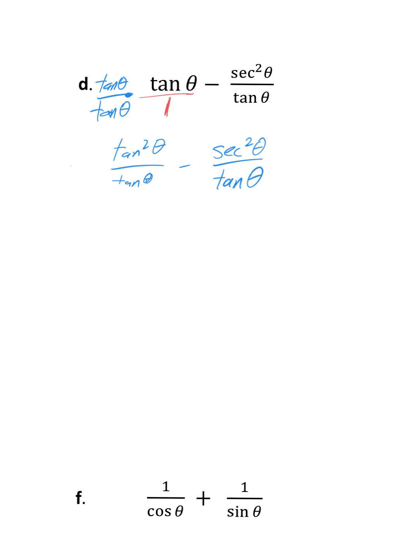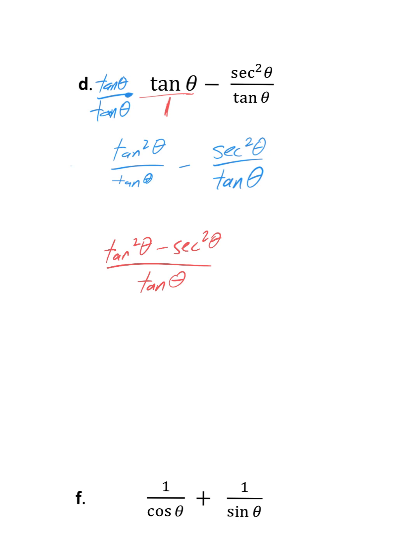So with this, let's combine these two together. Tangent squared theta minus secant squared theta over tangent theta. So let's do some substitution. Maybe we can get something useful out of this.